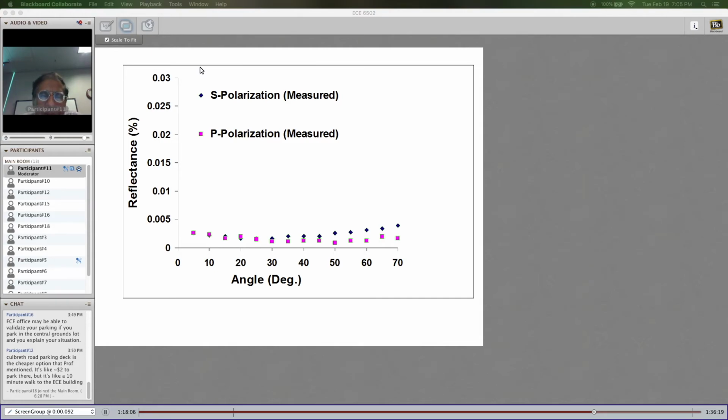Okay. Here is a graph of reflectance percentage as a function of the angle of incidence for a laser textured surface. You can notice that the textured surface really has very low reflectance, like 0.5% from 5 degrees to almost 60 degrees.